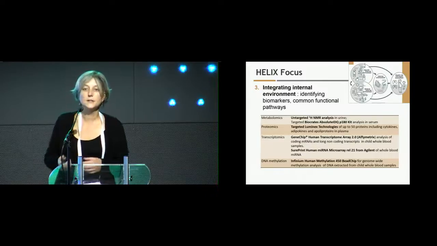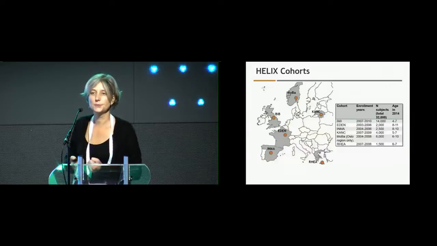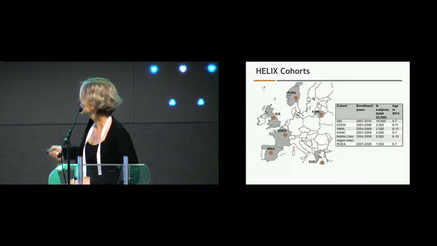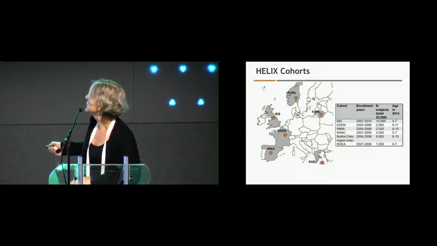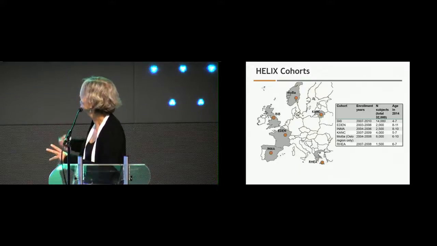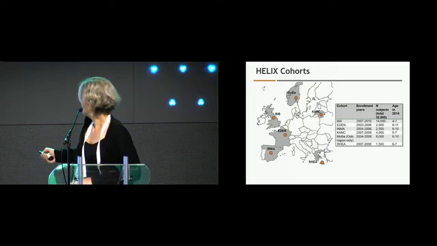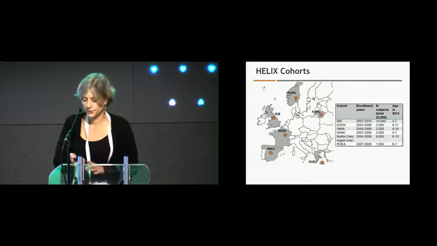HELIX is based in existing cohorts, so we thought it made much more sense for an exposome project to build on all the data that's already being collected in existing cohort studies, because it's very hard to start an exposome project from scratch. So we identified 6 cohorts across Europe, where the mothers were enrolled at similar time periods. So the children were at similar ages when the project started. And the parts of the cohorts that we use total about 32,000 subjects.